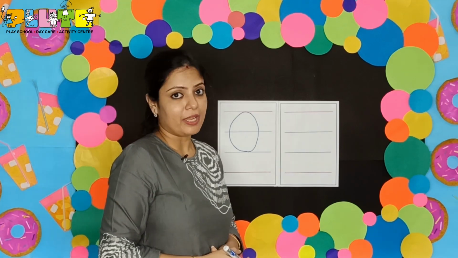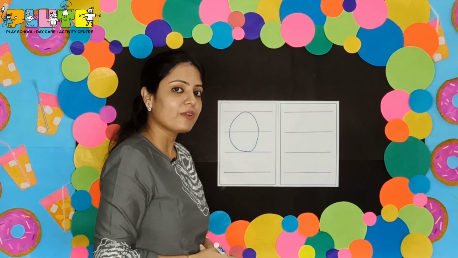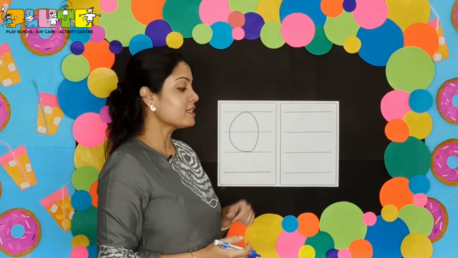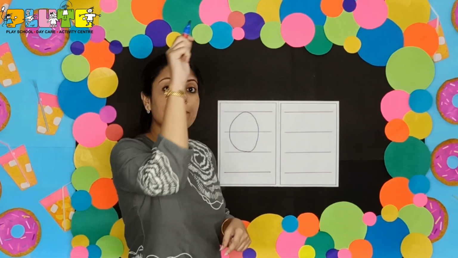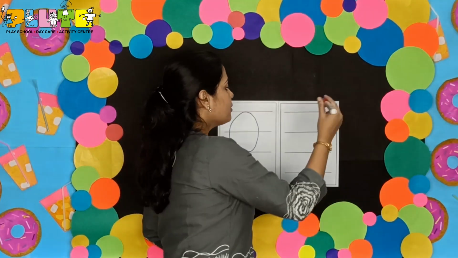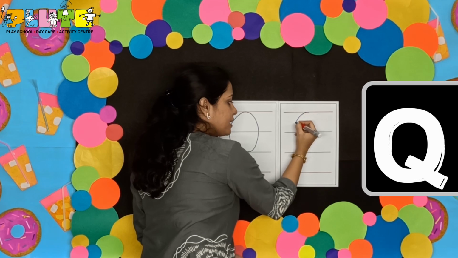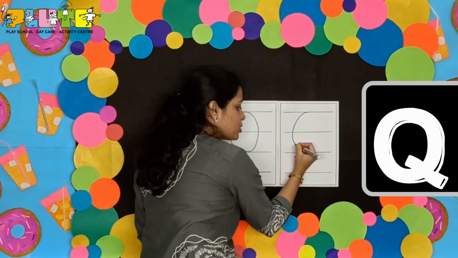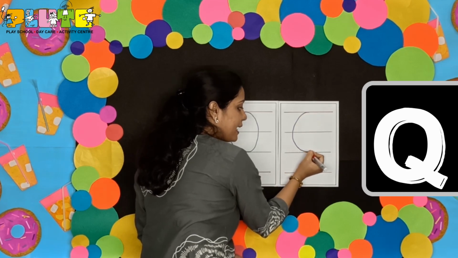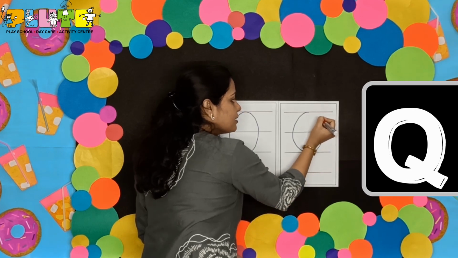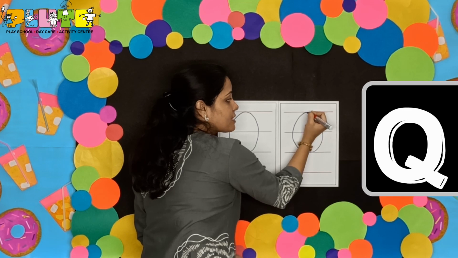Now the next letter that we are going to write is Q. For writing Q, what do we need to do? First we need to write an O, that is a big circle. So let's write. Again I'll draw a big curve from the first line, slowly going till the third line, and then I am closing the curve from the third line till the first line.